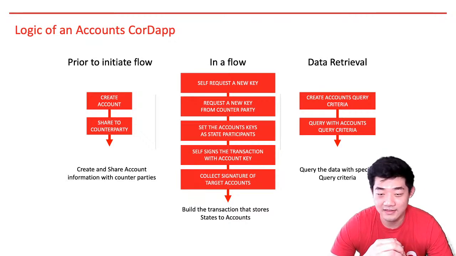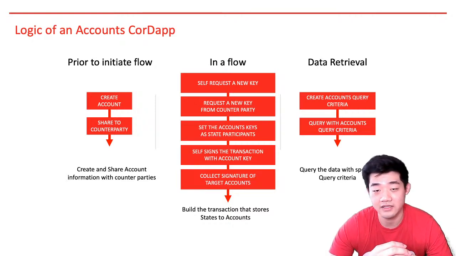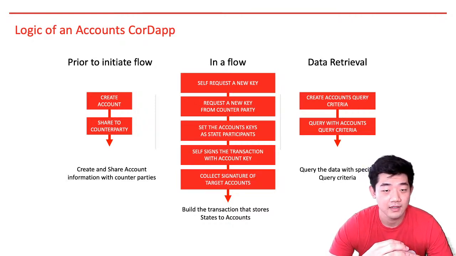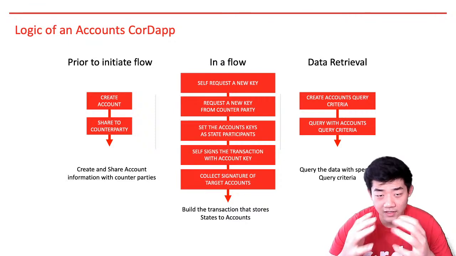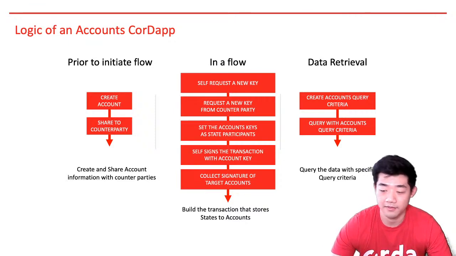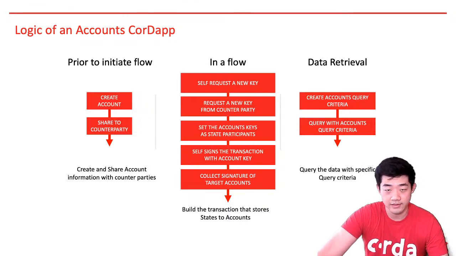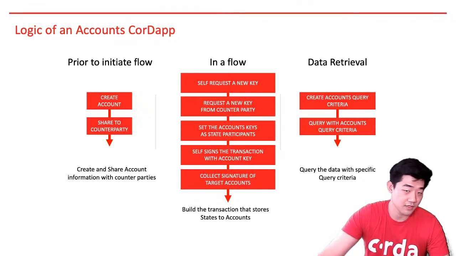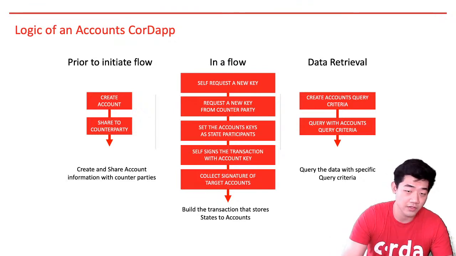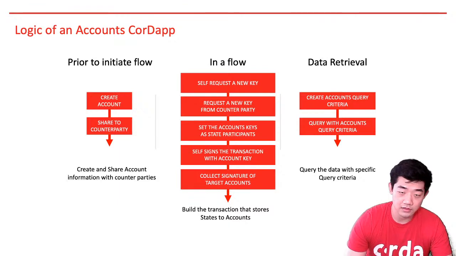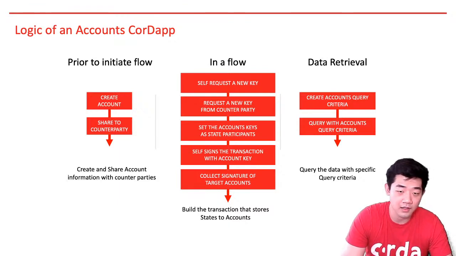And that's basically it. That's the three different parts of the logic of a typical accounts CorDapp. I will go back to IntelliJ. I'm going to show you first the code to create accounts, and then the code to share with the counterparty.